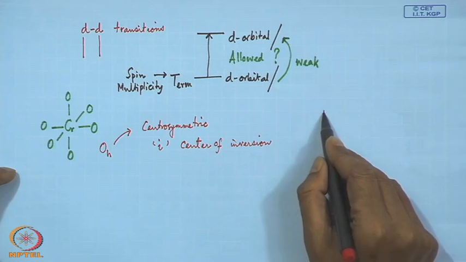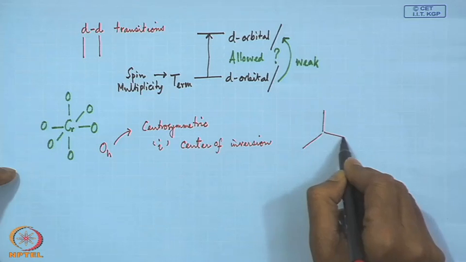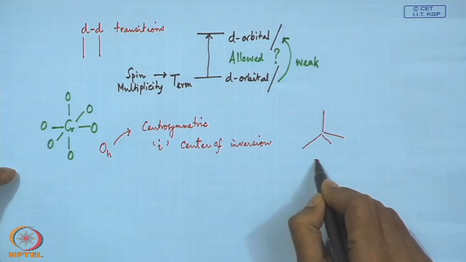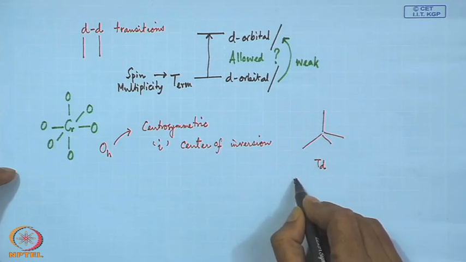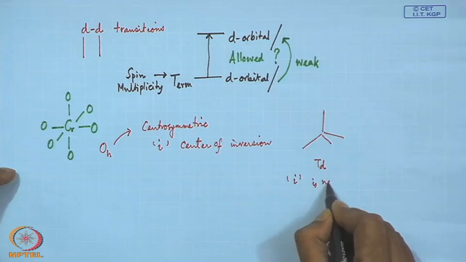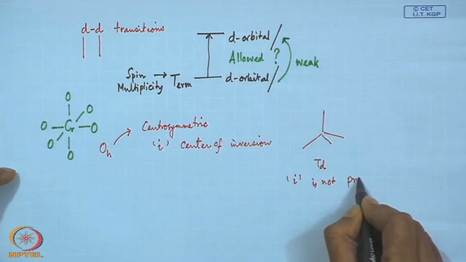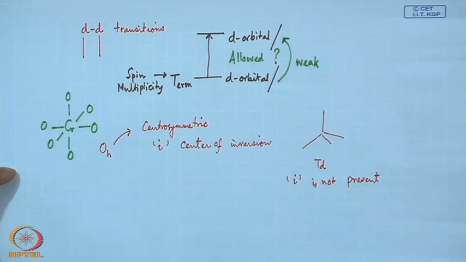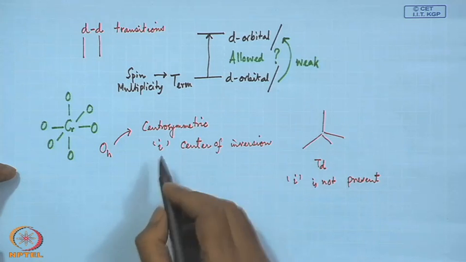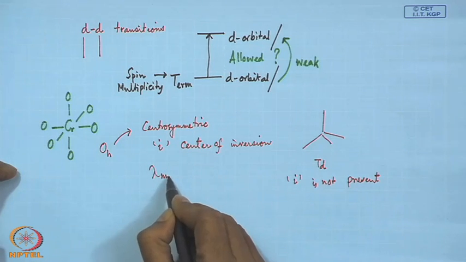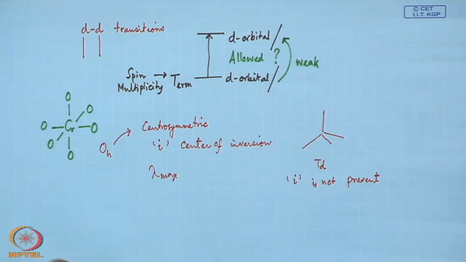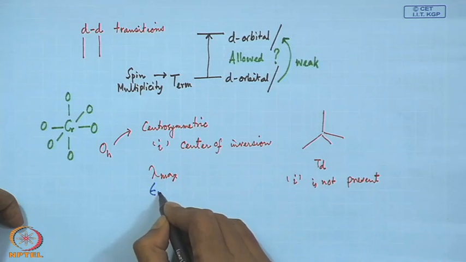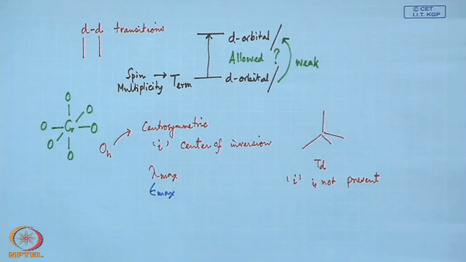But if we just go for another geometry, a tetrahedral geometry where the center of inversion is not present, we see that the corresponding lambda max values and the corresponding intensity that we measure are different.